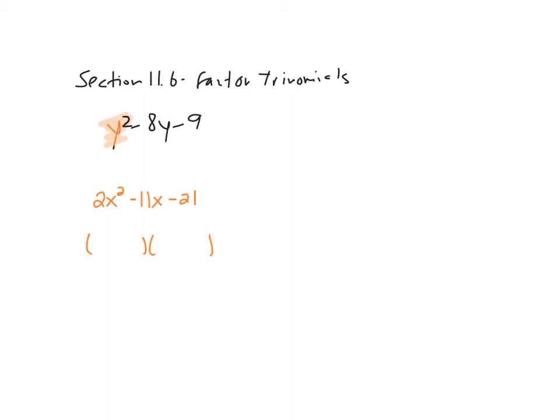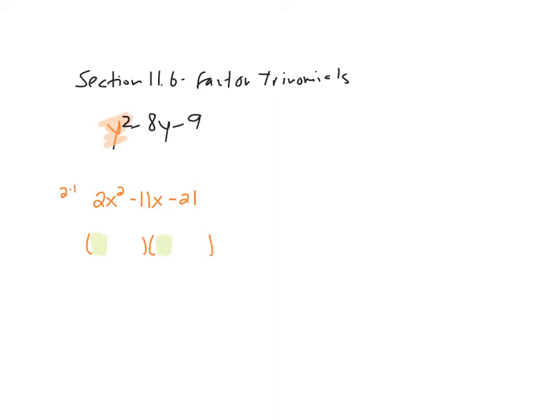So first I'm going to look at the front here. Whatever goes in the front of my parentheses has to multiply together to give me 2x squared. Well, the only things that multiply to make 2 are 2 and 1.